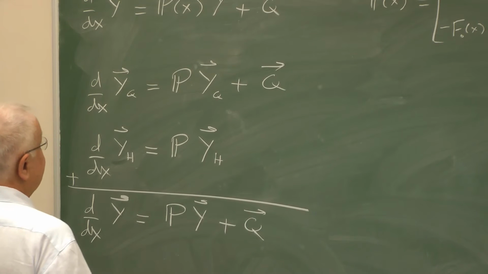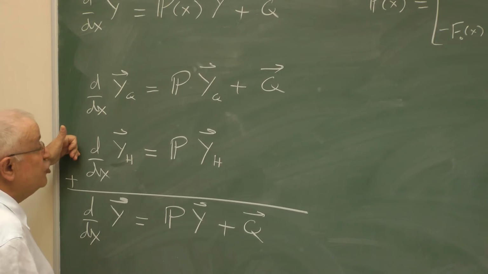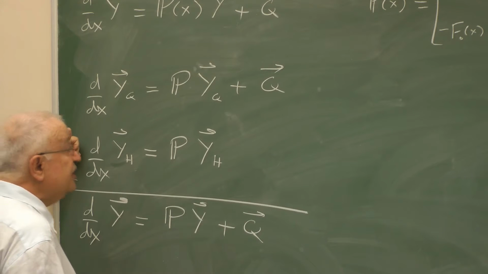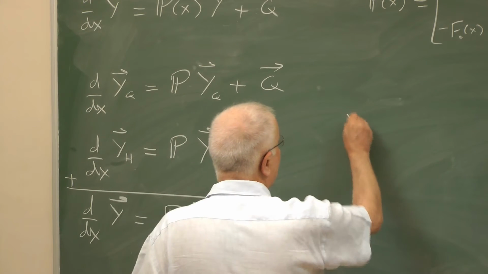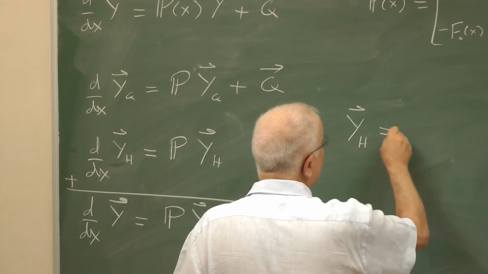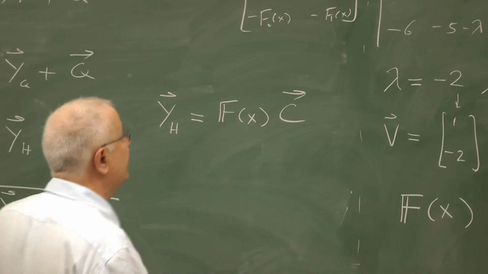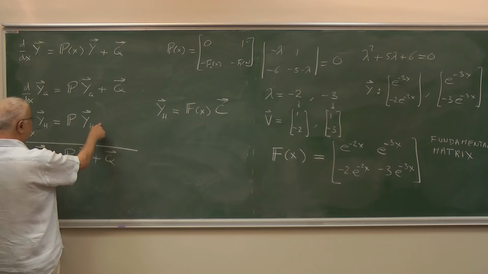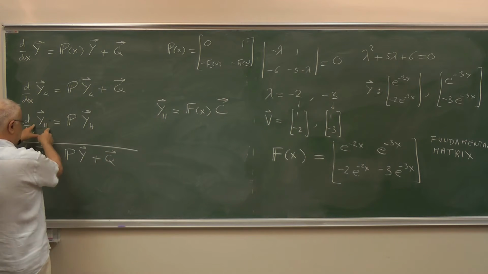So the question is, if I already have a solution here, who needs this homogeneous solution? Why? Well, the homogeneous solution, in this case, for example, is my fundamental matrix times an arbitrary constant vector c. You see, because it doesn't have an inhomogeneous term, I can multiply both sides from the right with an arbitrary constant vector and regroup.